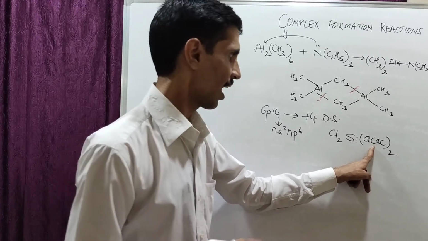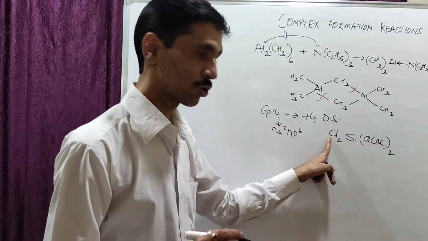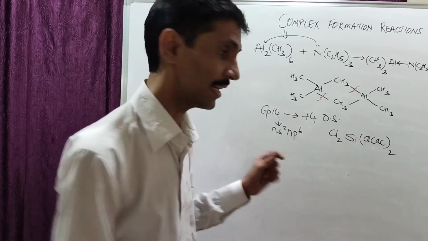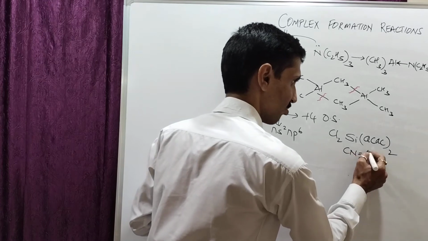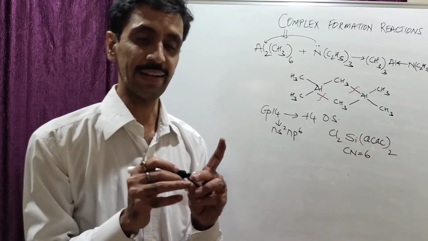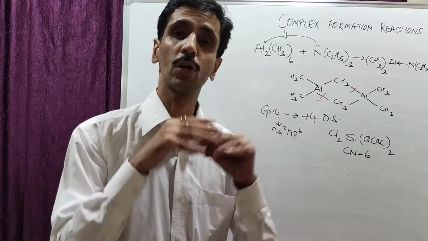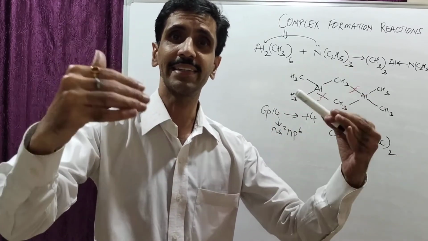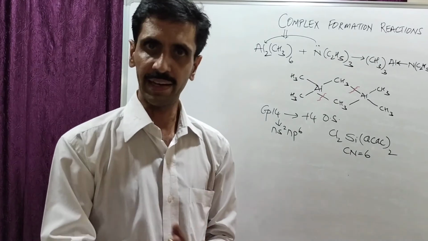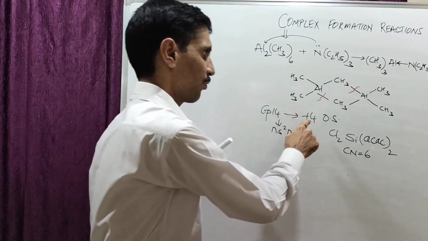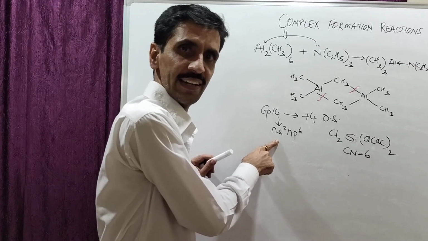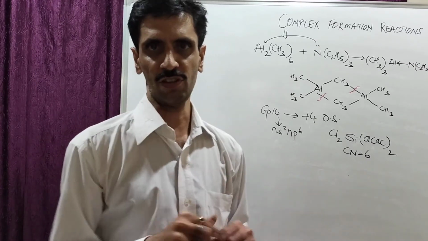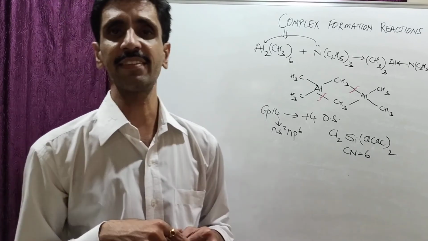Now this is a bidentate ligand, so the total number of donor atoms is going to be 4. Here 2 chlorine, so 4 plus 2 is 6. Therefore the geometry becomes octahedral and the coordination number goes to 6. But this is, as I said, only when the group 14 elements combine with highly electronegative groups. Otherwise, generally, with the plus 4 oxidation state, it has this inert gas configuration, so it doesn't have a tendency to expand its coordination number.